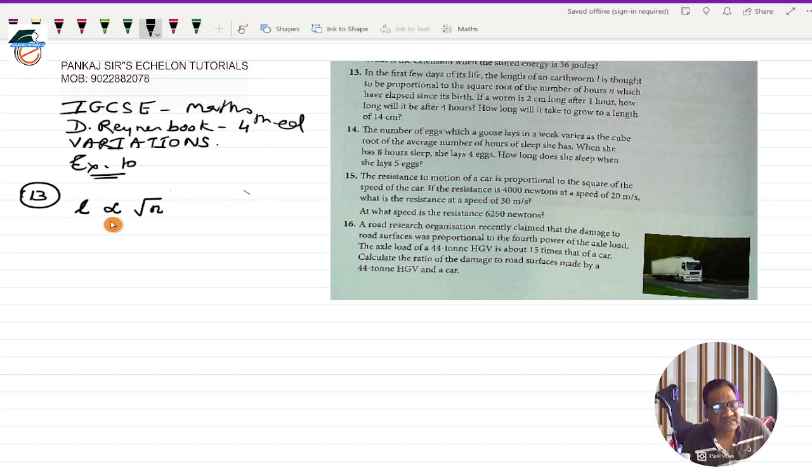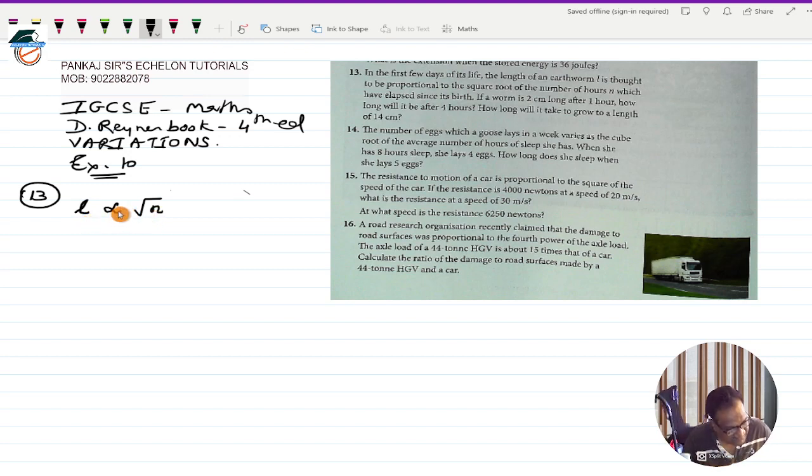So this is the relationship connecting the length of the earthworm and the number of hours elapsed from its birth. The length varies directly as the square root of n. This is the relationship between these two quantities, L and n. That's what the question says.